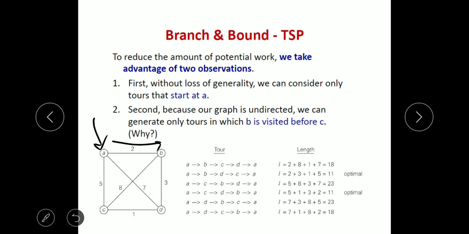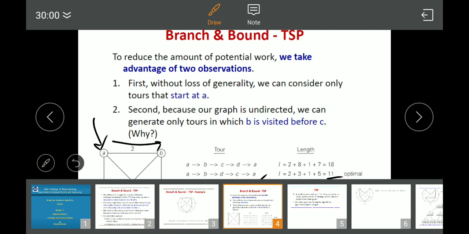This is done only to reduce the number of permutations, because if you observe here, there is one traversal from A to B, B to D, D to C, C to A with a solution of 11. Similarly, in the other direction, A to C, C to D, D to B and B to A, which yields a result of 23, and two more traversals in reverse directions yield the same values.